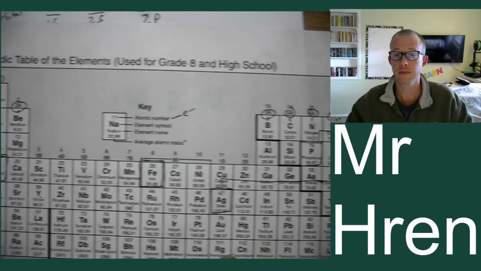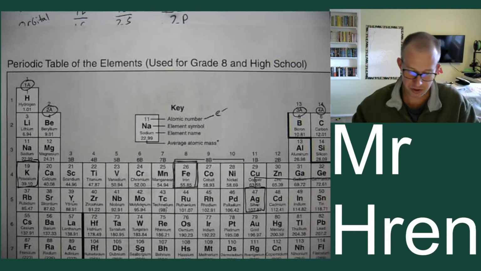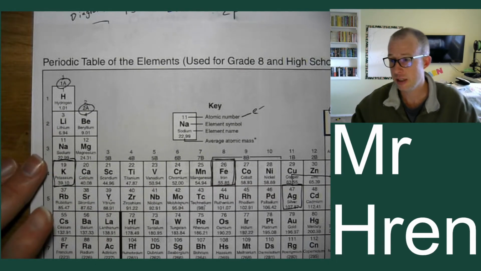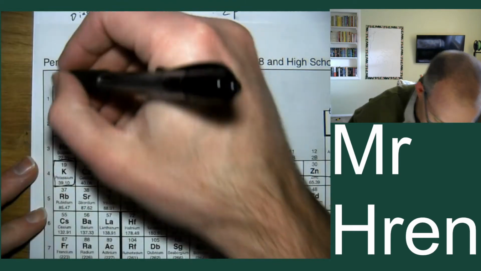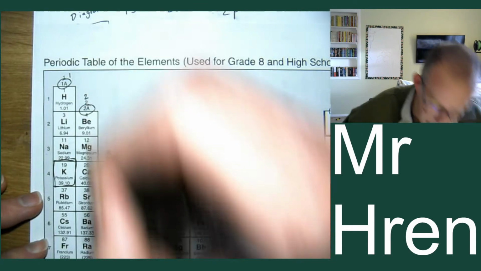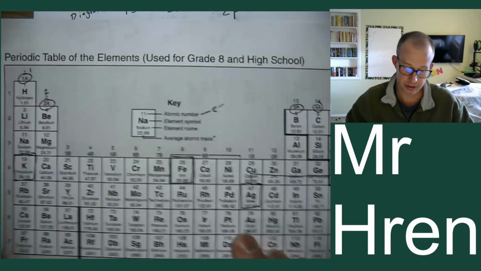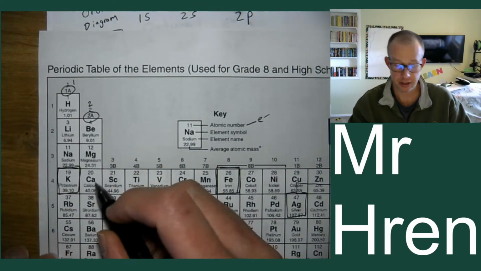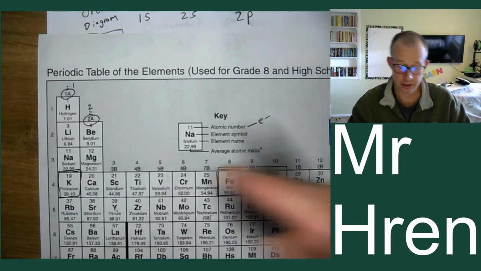The simplest way to identify valence electrons is that everything in the first column has 1 valence electron. Everything in the second column has 2 valence electrons. Calcium has 2 valence electrons. Magnesium has 2 valence electrons.